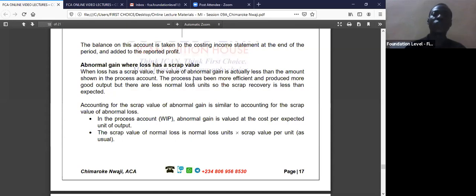Now, accounting for the scrap value of abnormal gain is similar to the work-in-progress accounts. Abnormal gain is valued at the cost of the expected units of output. The scrap value of normal loss is normal loss times the scrap value per unit as usual.